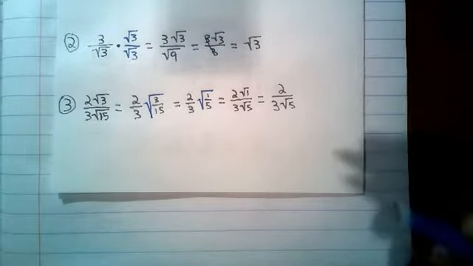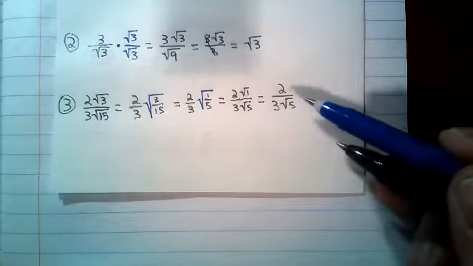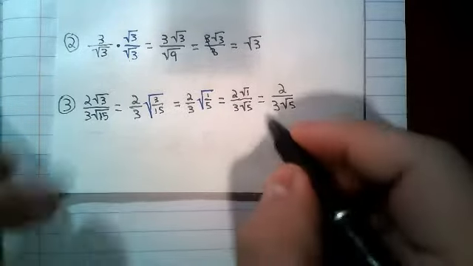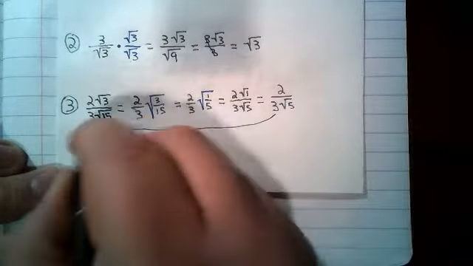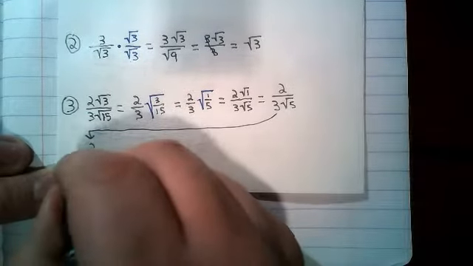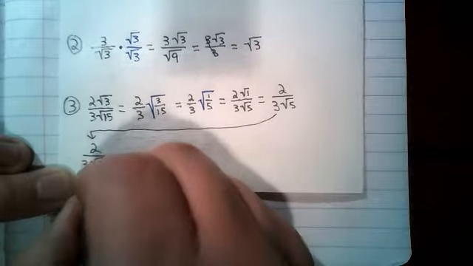And now, again, we don't like having this square root symbol in our denominator. So what do we have to do? Well, now we have to rationalize. So let's bring this down here. 2 over 3 square root of 5.